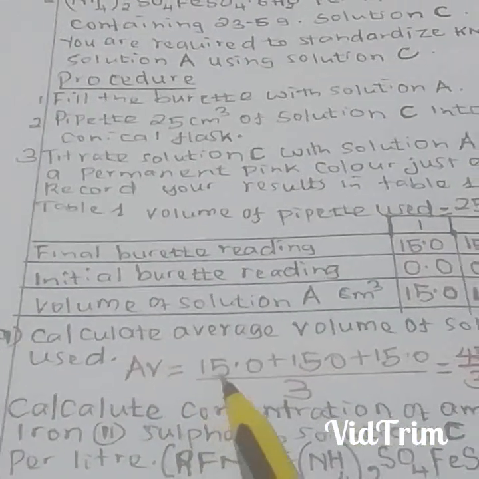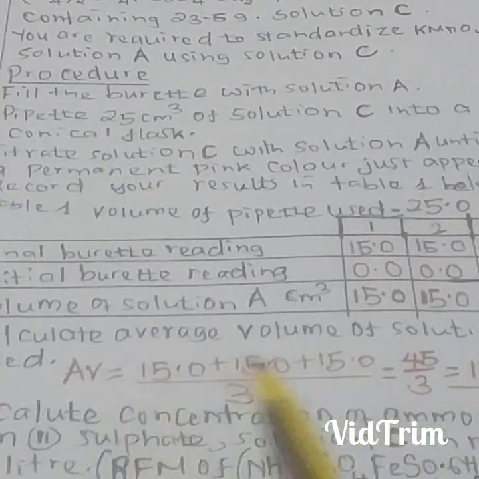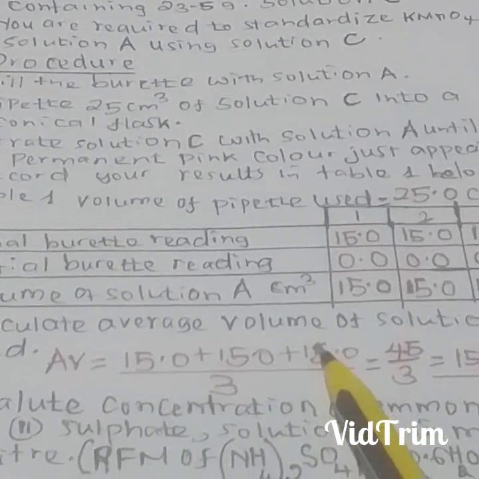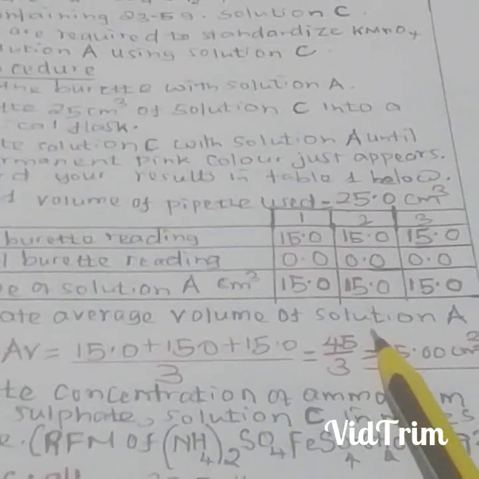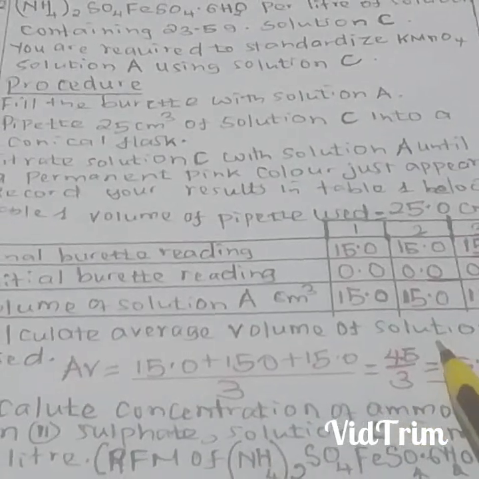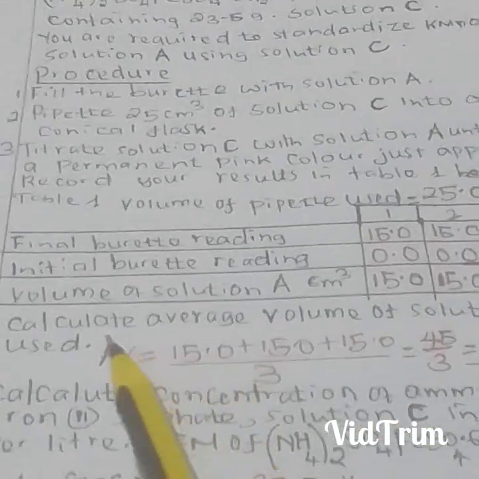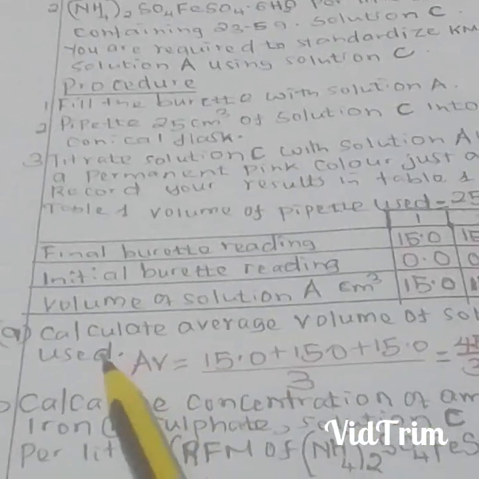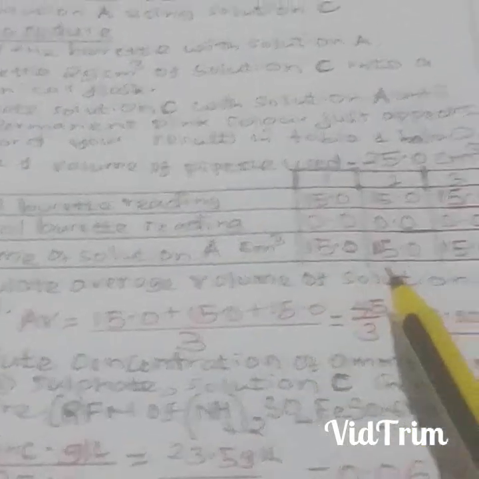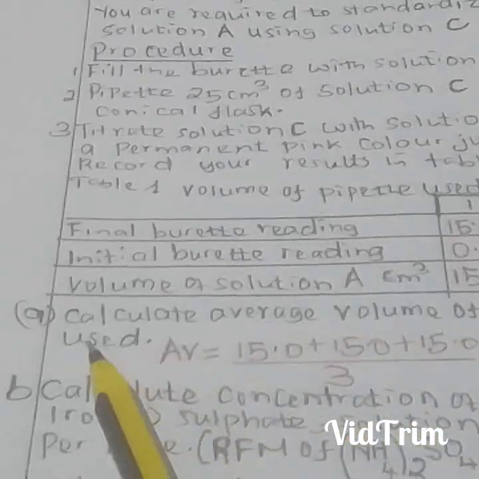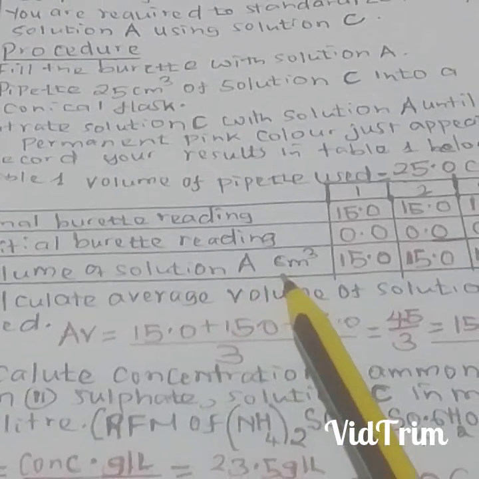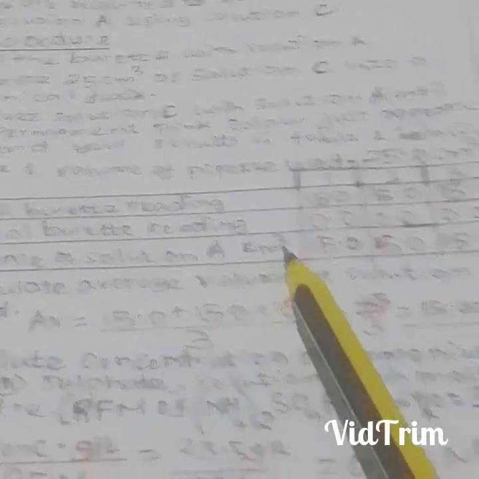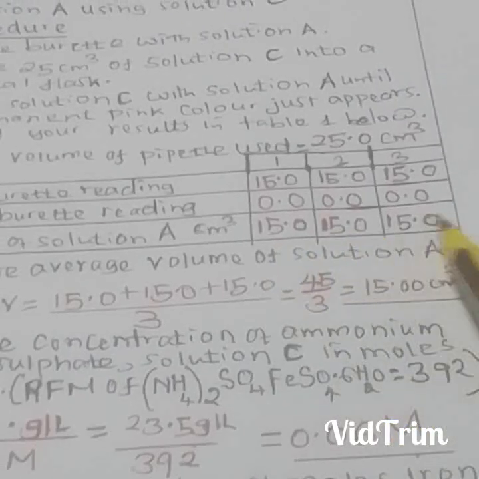Is it okay? But now let us look at the crucial section on calculation, where most of the learners will shy away. But today, you are going to learn something that you will never forget. So, for example, question A: calculate the average volume of solution A used. Solution A was the one in the burette, which is acidified potassium permanganate(VII).